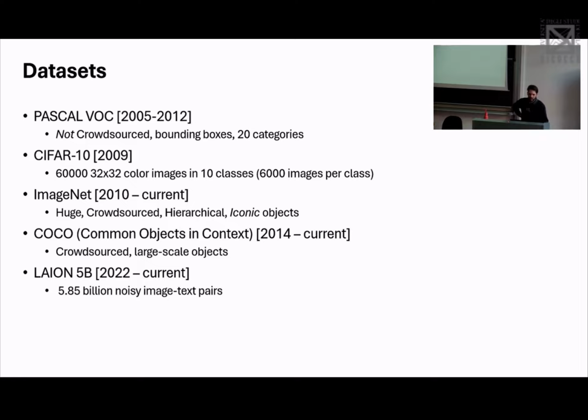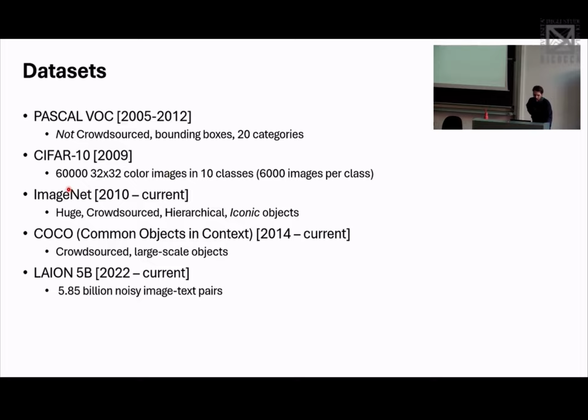Now, here's a brief history of the datasets that were present. In 2005, there was the Pascal VOC database, which had 20 categories of objects with their bounding boxes within an image. Then there was the famous CIFAR-10, probably used in some intro to deep learning.